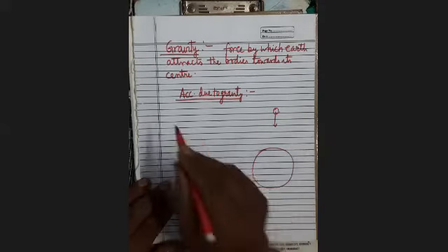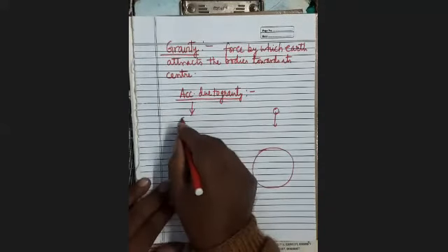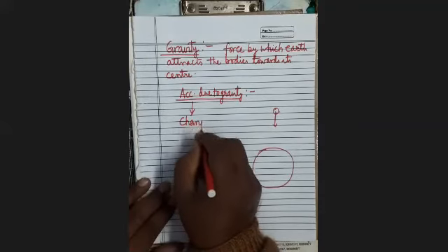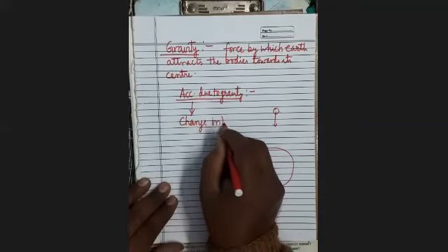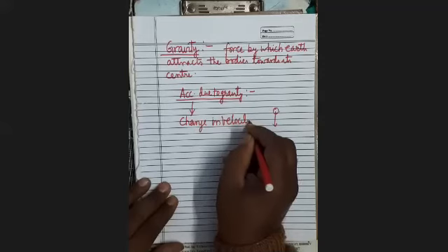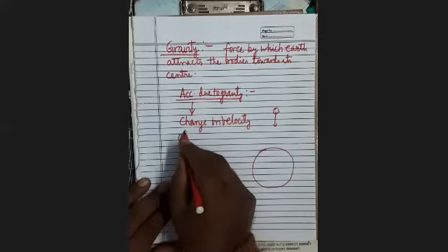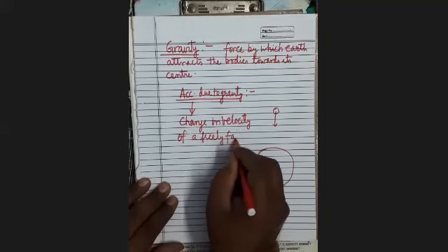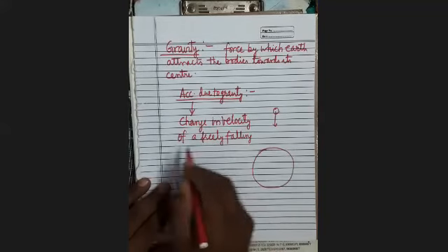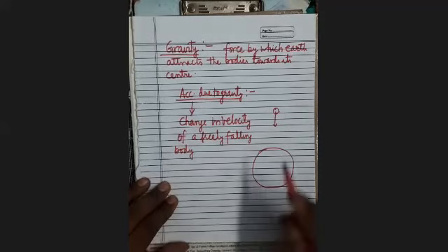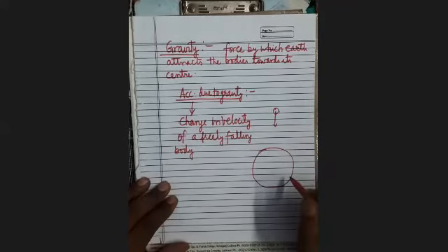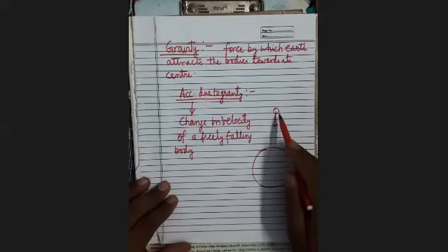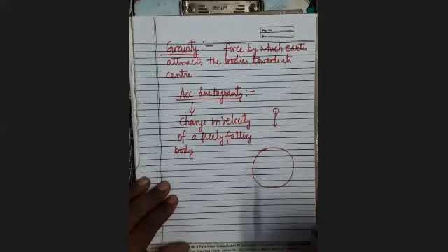It is clear. Change in velocity of a freely falling body. Freely falling body means no other force is acting except the earth. No other body is exerting force on this except the earth.